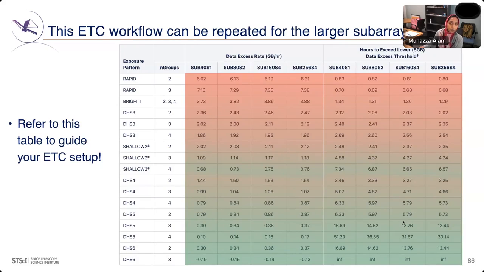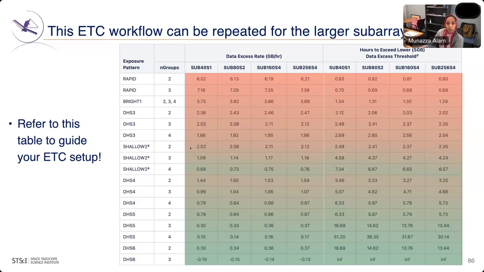Another way that you can do this workflow and iterate is to repeat it for larger subarrays. Previously we were just focusing on the 2-spectra subarray, the SUB40S1, but we can also take this bigger table that Aaron showed earlier, for a larger array of exposure patterns, and look up the data access rate for the 2-4 or the 2-8 spectra options in order to set up our ETC observations.